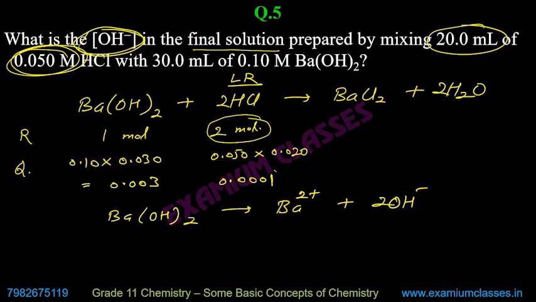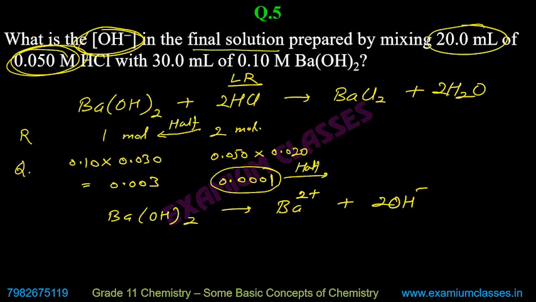Then whatever is given, 0.0001 moles, will require how much? Half of it. This will also require half of Ba(OH)2, means 0.00005.